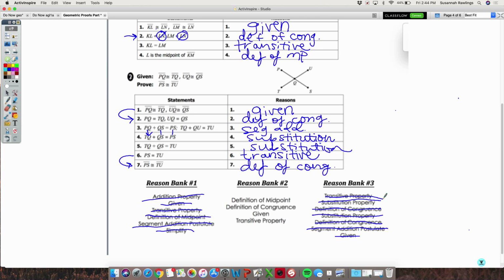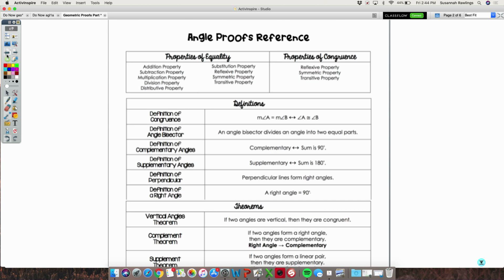Okay, we're not going to finish the whole rest, but what I'm going to let you guys do, if you flip your yellow or gold sheet over to the angle side, those are already filled in for you. So I'm going to give you about 10 minutes. You're just going to use each other, and I promise it's not that bad.